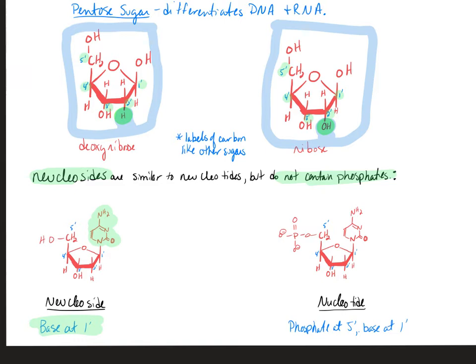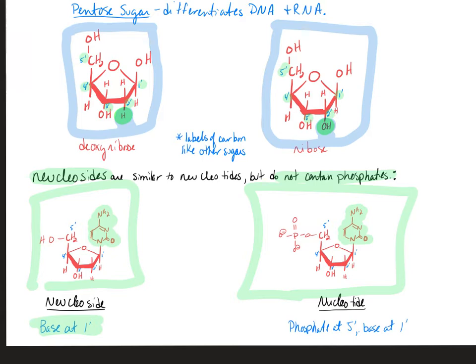Again, I literally copied and pasted this over here. This is a nucleotide. In this case, we have the same thing here. We have a base at the 1' position, and at the 5' position, we have a phosphate. So I don't want you to get confused in the fact that sometimes the double bond of the oxygen goes up on phosphate. I'm just pointing this out.